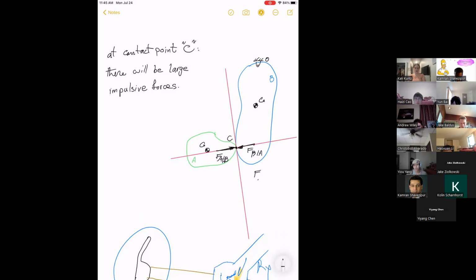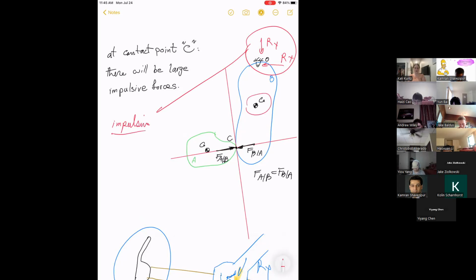And you know F_AB is equal to F_BA, obviously, but you can also have reaction forces here, and these are impulsive. Unlike gravity, let me put gravity here: you have mg and mg, right?